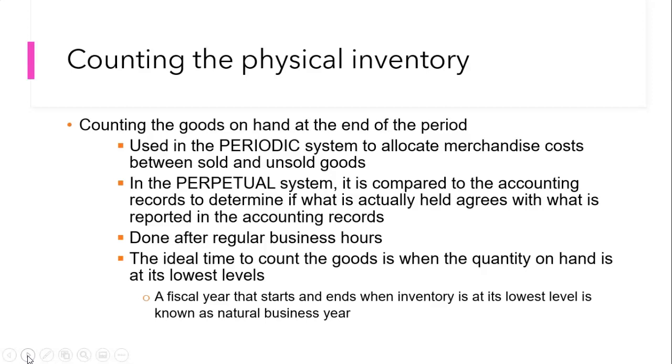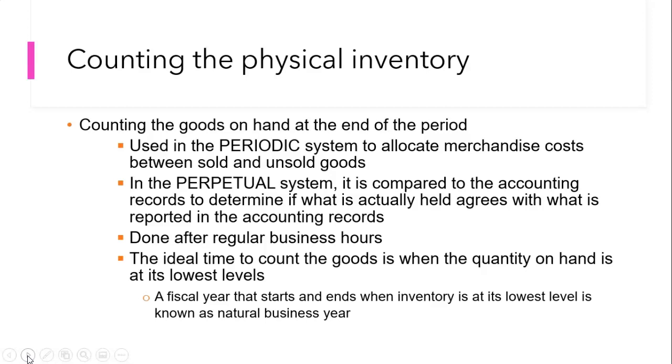So the big retailers, a J.C. Penney or something, where they have huge amounts of inventory up through Christmas and stuff, are going to have the end of their fiscal year when the lowest amount of inventory might be the end of January or the end of February.